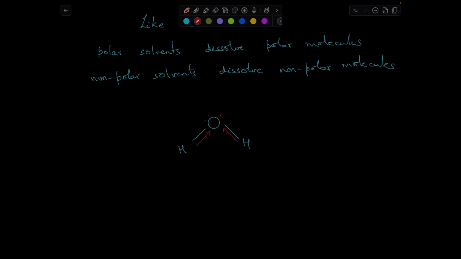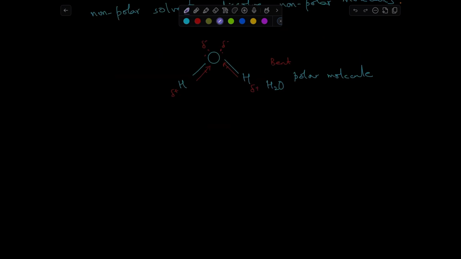And because the water molecule has a bent, or V-shaped, structure, it is polar because it will have a net dipole moment. So water is a polar molecule. This results in a partial positive charge on hydrogen and a partial negative charge on oxygen. So water being a polar solvent, it will dissolve polar molecules.